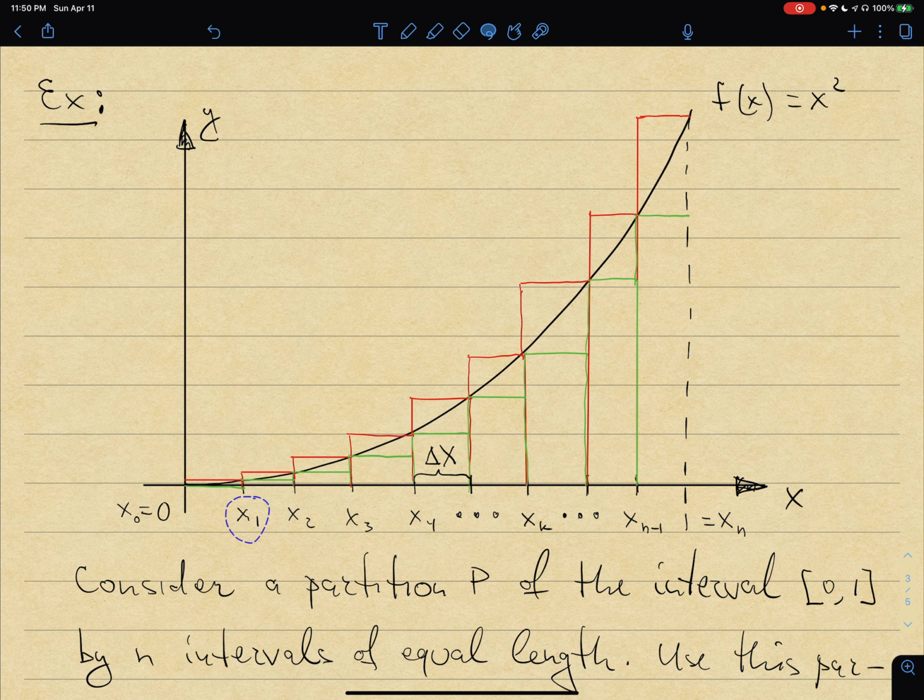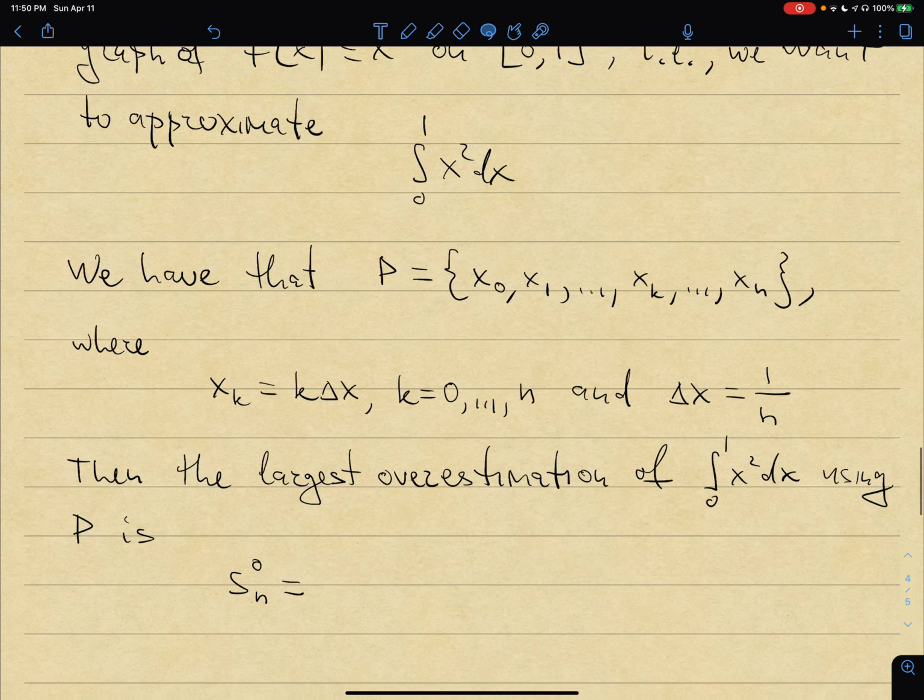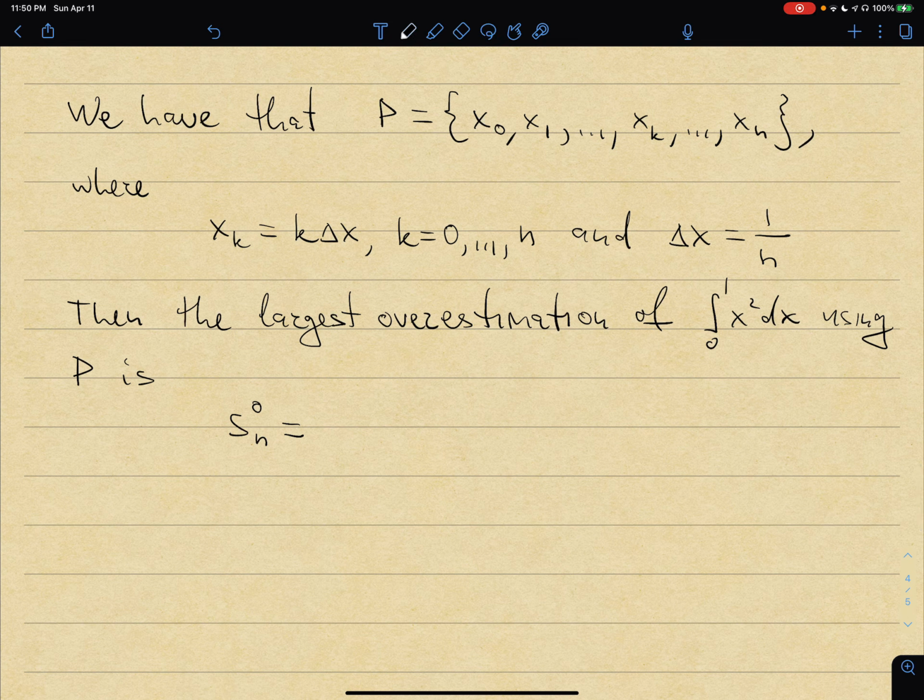So the first rectangle has a height equal to the value of the function at x1. Second red rectangle has a height equal to the value of the function at x2, and so on. So that means that Sn will have the area, height of x squared at the point x1.